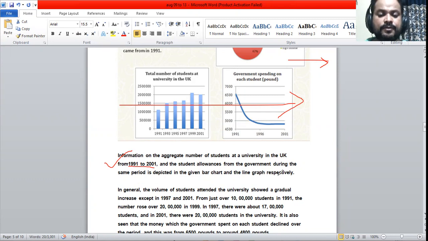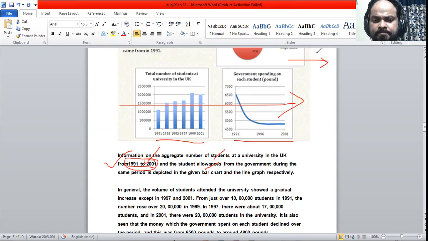So in number 1, the introduction, we have seen the period from 1991 to 2001, the number of students, and the student allowances from the government.